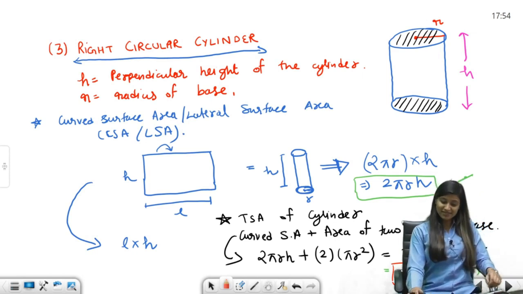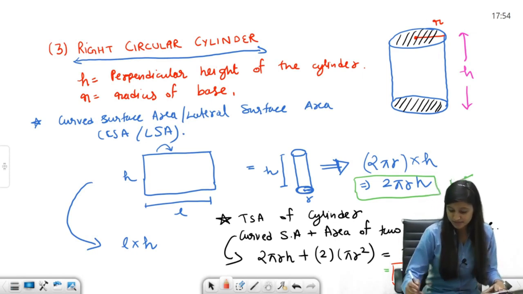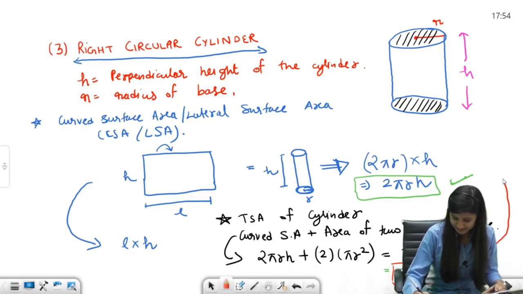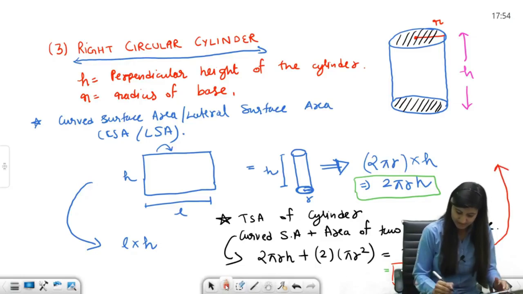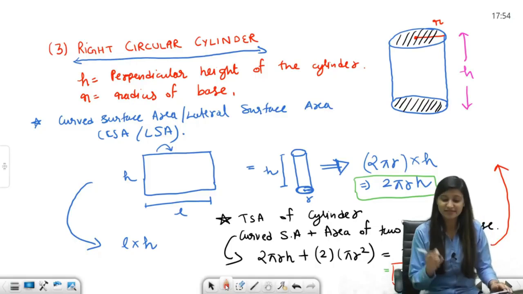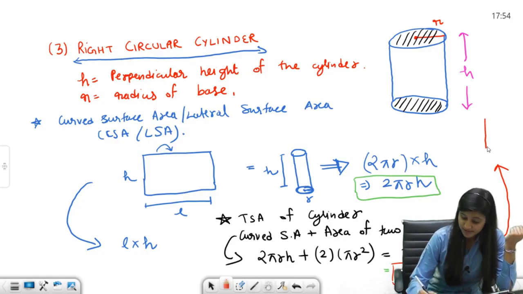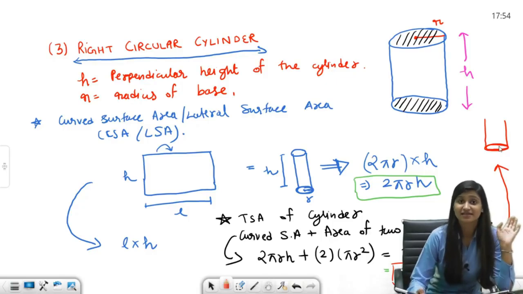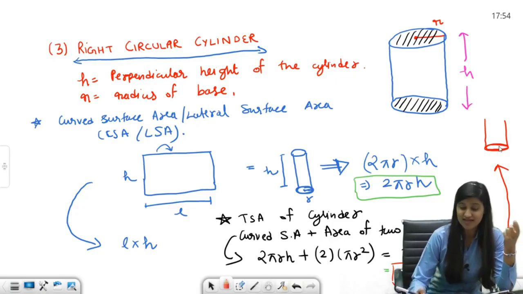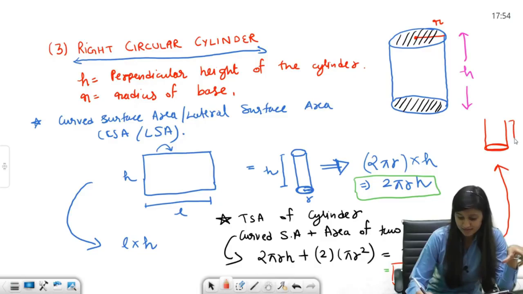Alright. Let's take another case for this. What could that be? That I took a cylinder in which there was no lid. There was only a circular base. Say a glass which has a height h and a proper circular base of radius r.